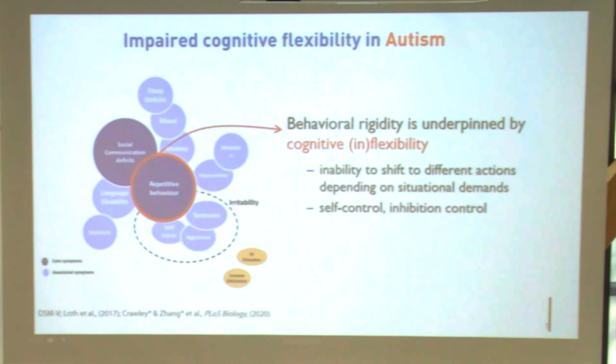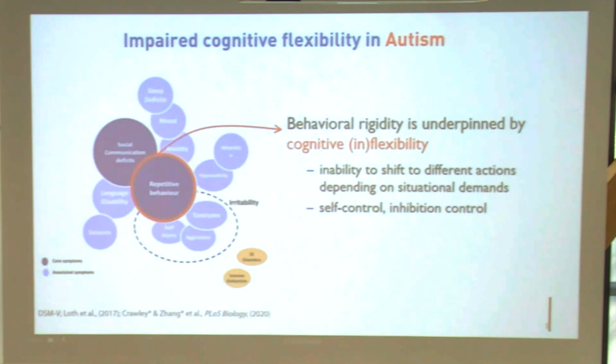So behavior rigidity or repetitive behavior is underpinned by cognitive inflexibility relative to healthy controls, for instance. This basically means inability to shift to different actions depending on the situation.